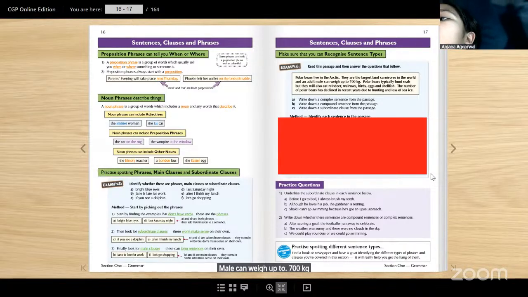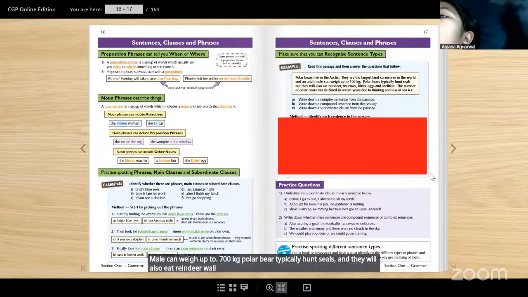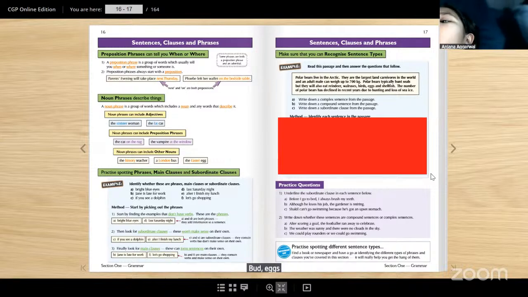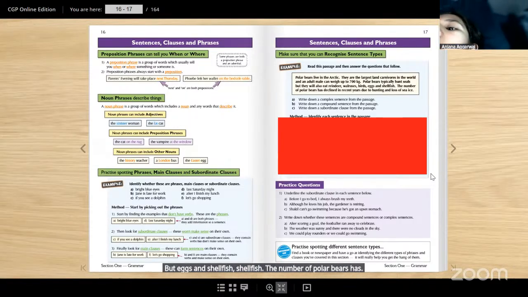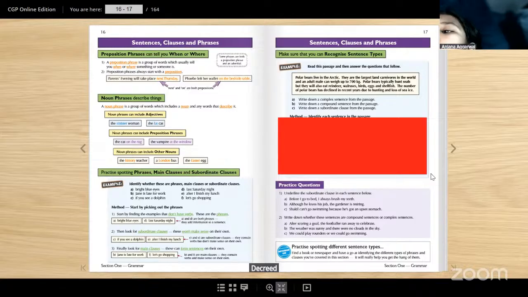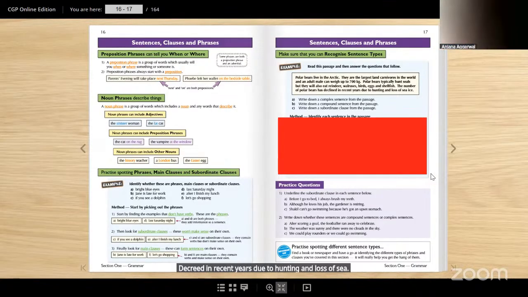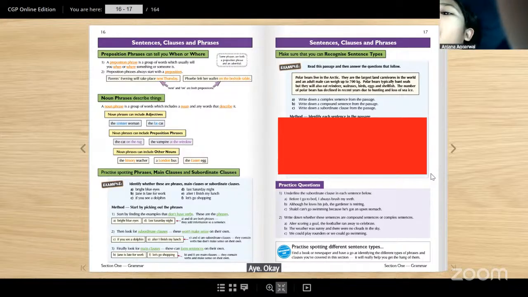Polar bears typically hunt seals, and they will also eat reindeer, walrus, birds, eggs, and shellfish. The number of polar bears has declined in recent years due to hunting and loss of sea ice. Write down a complex sentence from the passage. I don't know what a complex sentence is.